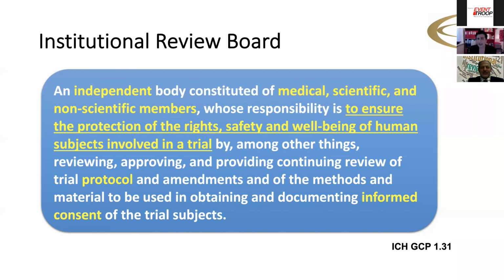So basically exactly the same as an IEC. They're independent, with medical and non-scientific members, and what they're doing is ensuring the protection, rights, safety, and well-being of subjects. And how do they do it? Well, by reviewing, approving, and providing continual review of the protocol, and very importantly, looking at documentation on how consent is taken. So they are exactly the same.